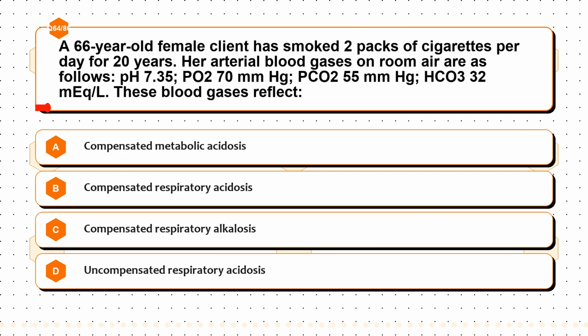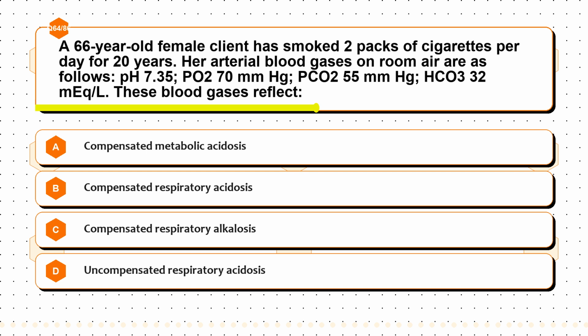Question 64. A 66-year-old female client has smoked 2 packs of cigarettes per day for 20 years. Her arterial blood gases on room air are as follows: pH 7.35, PO2 70 mmHg, PCO2 55 mmHg, HCO3 32 mEq/L.